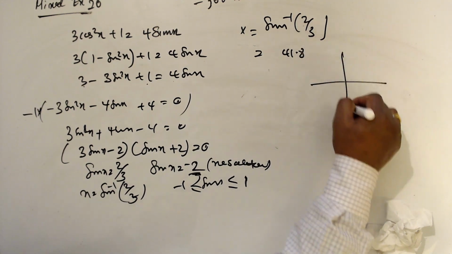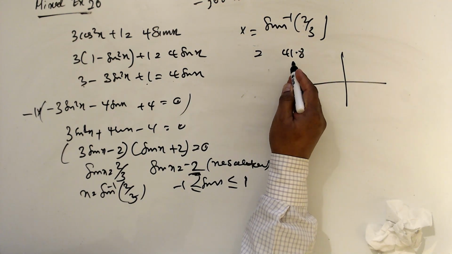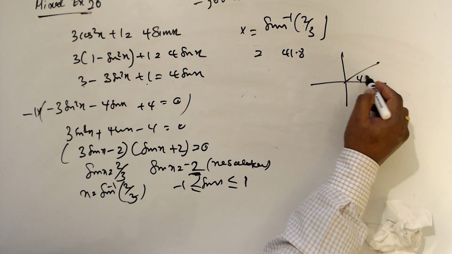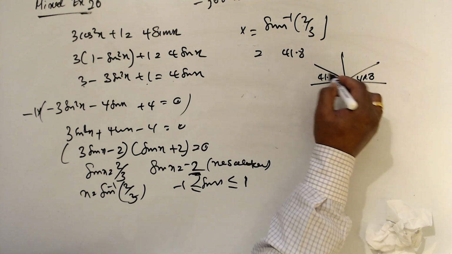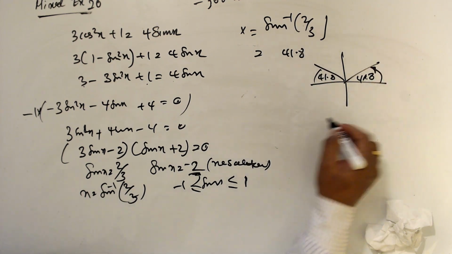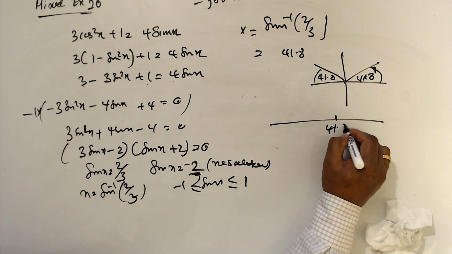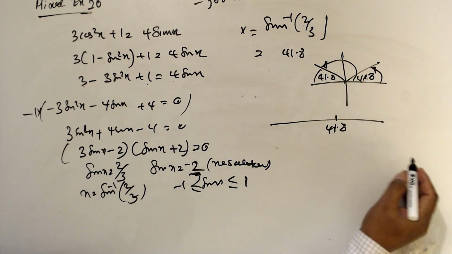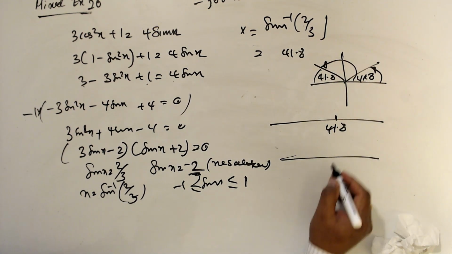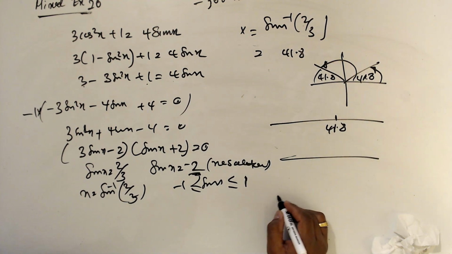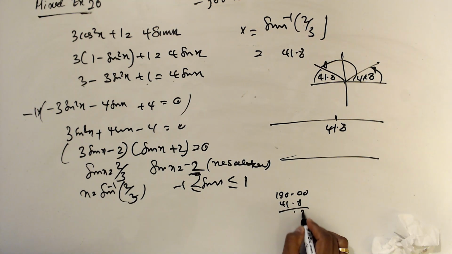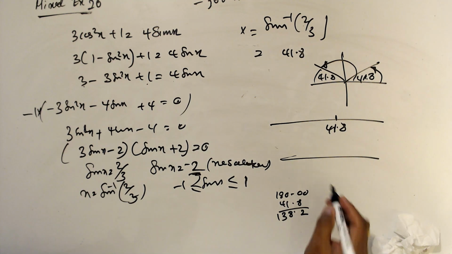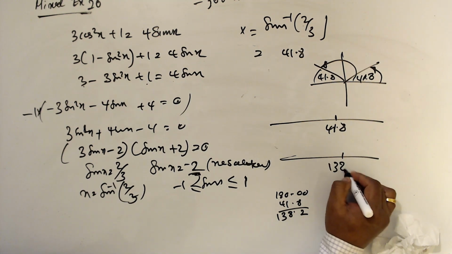and sine is positive in the first quadrant and the second quadrant. So one answer is this one, the other answer is this, 180 minus 41.8, so this is 138.2.